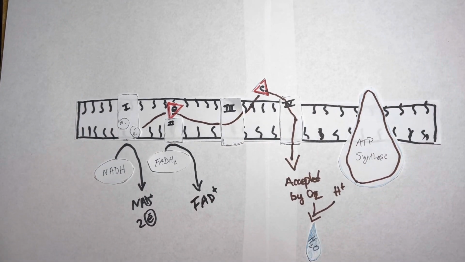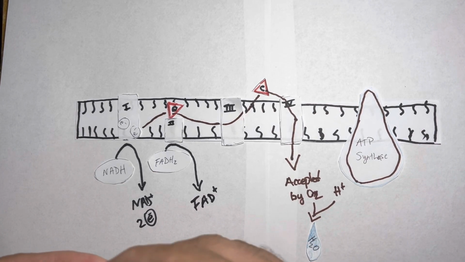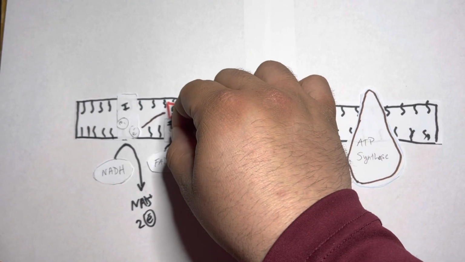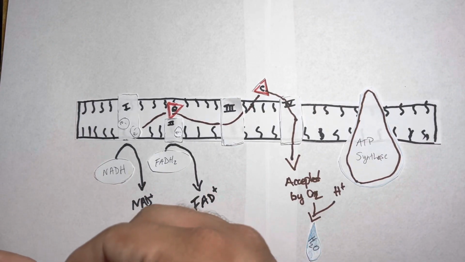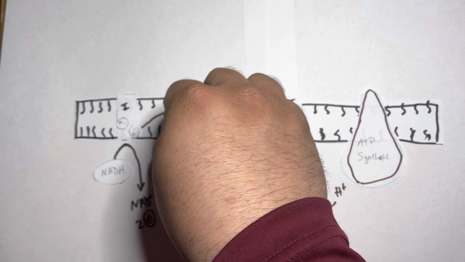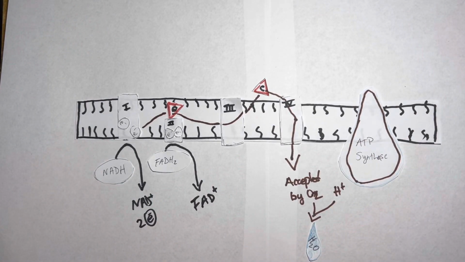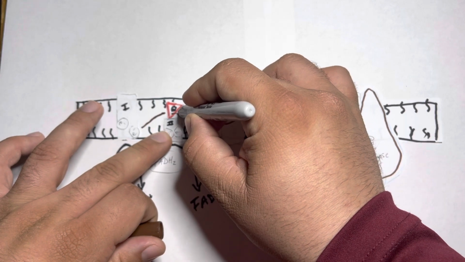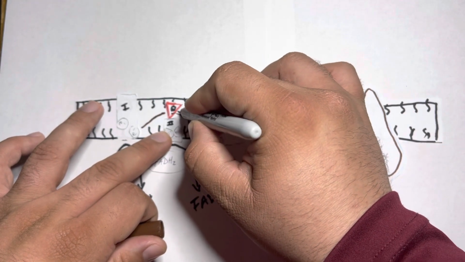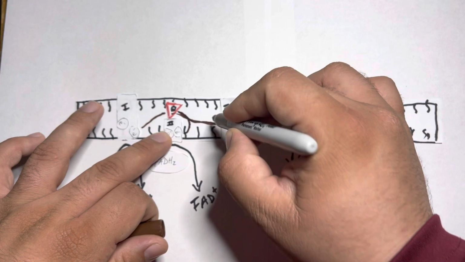That as well is also going to donate 2 electrons. And 2. So these 2 electrons here are going to go through Q10, and they're going to join this transport chain.